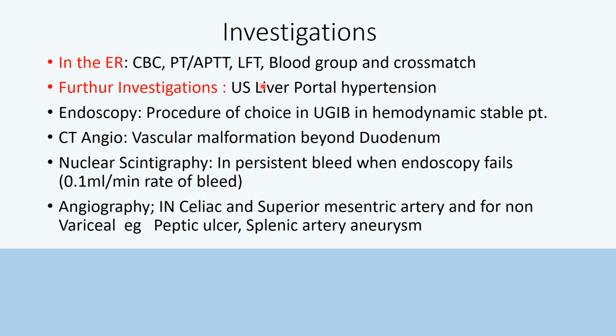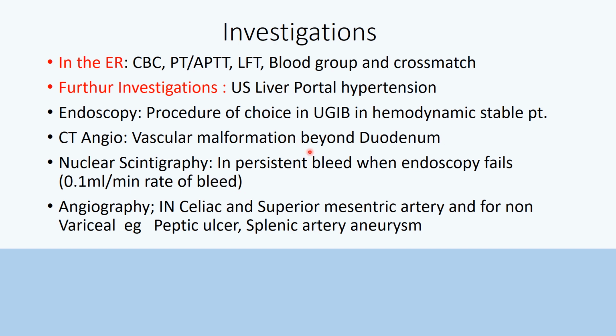Ultrasound for liver architecture and ultrasound for the portal vein will help us in deciding portal hypertension. Endoscopy would directly visualize and is the procedure of choice in upper GI bleeding, but the caveat is that the patient has to be hemodynamically stable. If endoscopy is not helping, the second option would be a CT angio to pick up the malformation beyond the duodenum.